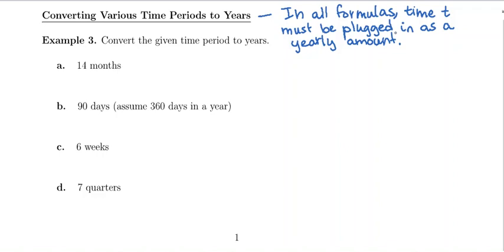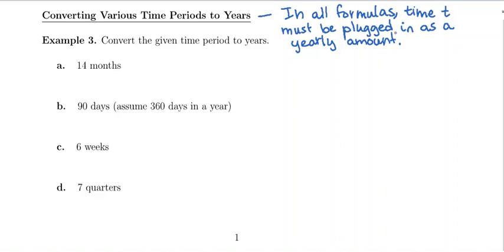So that's what we're going to practice in example 3. We are going to convert 5 different time periods to years. Let's take a look at example 3A, which is 14 months. There's 12 months in a year, so we know that 14 months would be just over 1 year.